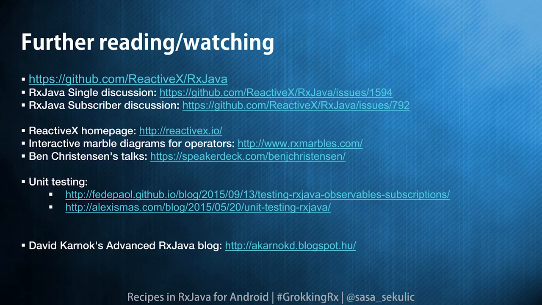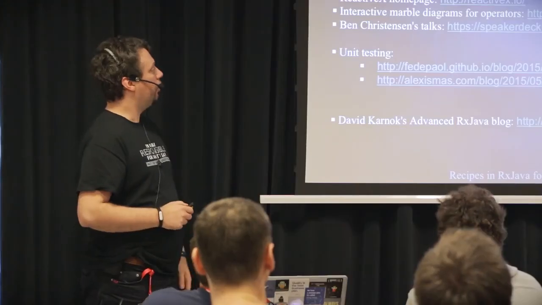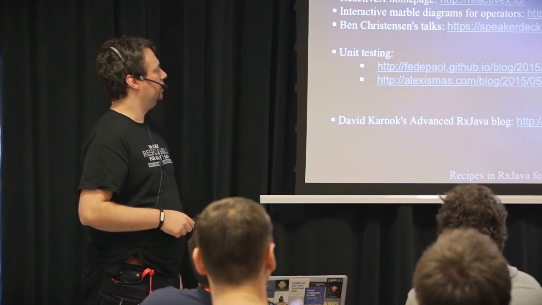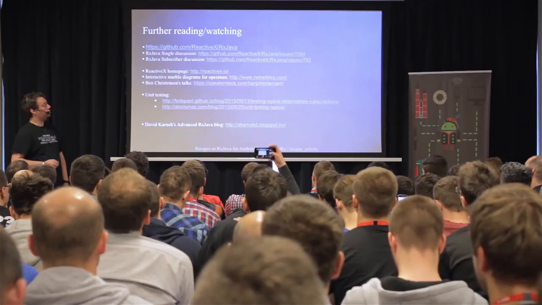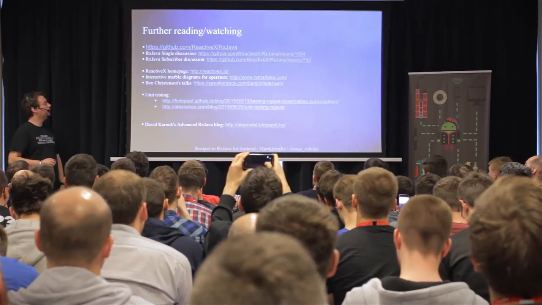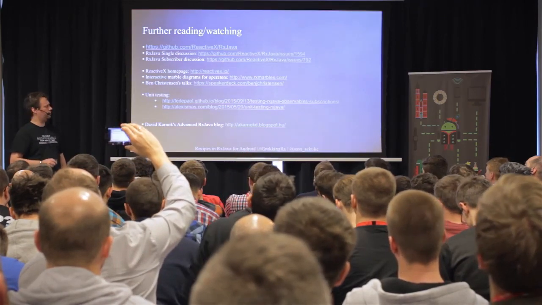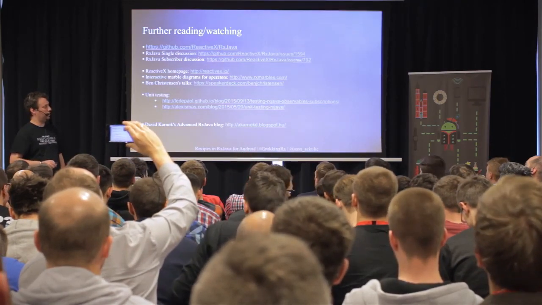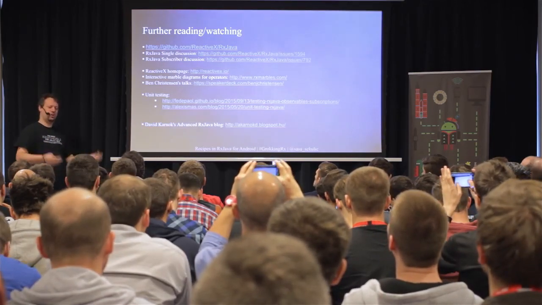And that was it. If you want to know more about RxJava, obviously you should go to the RxJava page. Also, lots of internal stuff was previously discussed on GitHub. For example, the subscriber thing was introduced, I think, in January 2014, and there is a nice discussion there in the issues, and they explain why and how and what's the purpose.